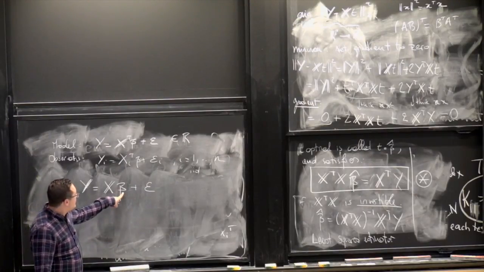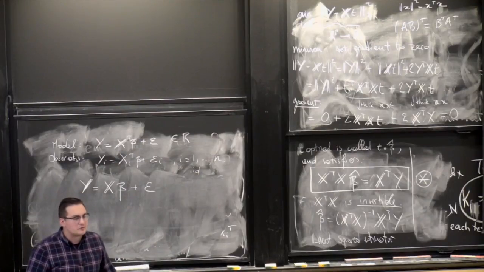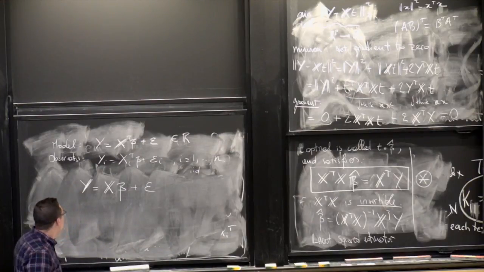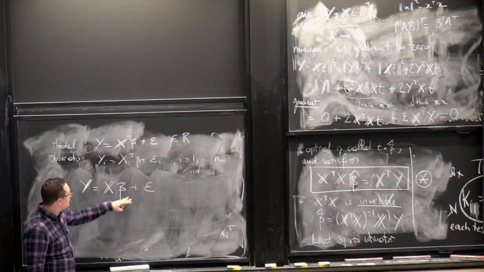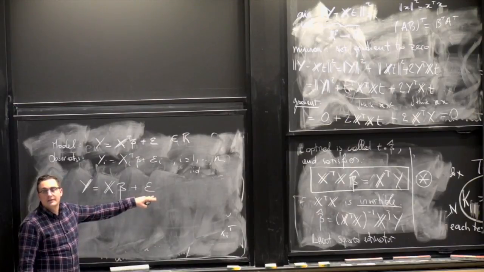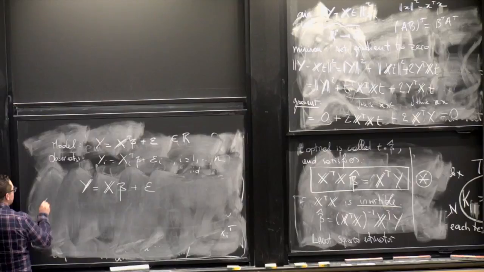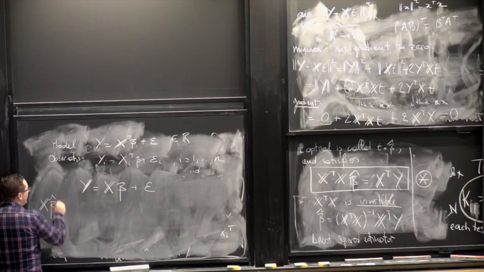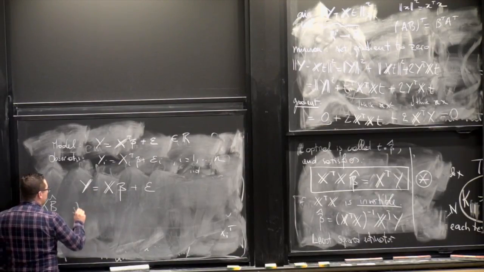So beta is some parameters, some coefficients that are interesting. But the observations that I have are of the form x times beta plus some noise. So if I want to just remove the noise, a good candidate is x times beta hat, right? X times beta hat is something that should be useful to me, which should be close to x times beta.